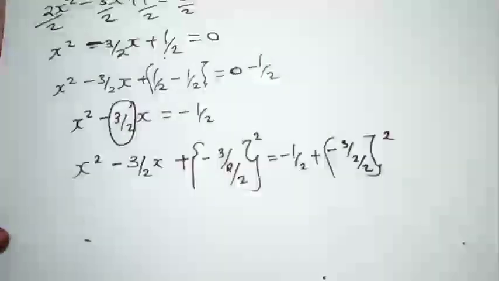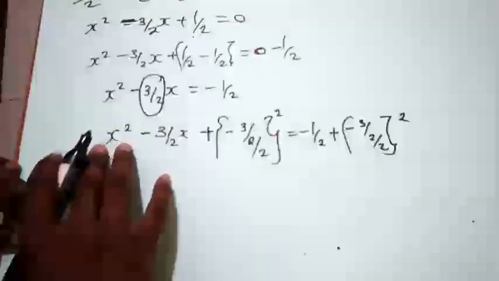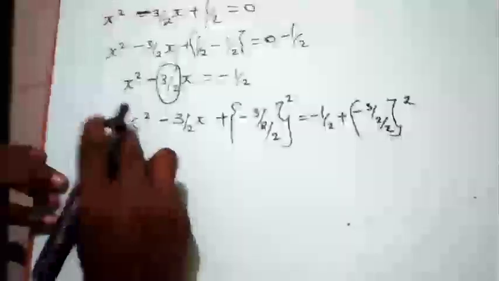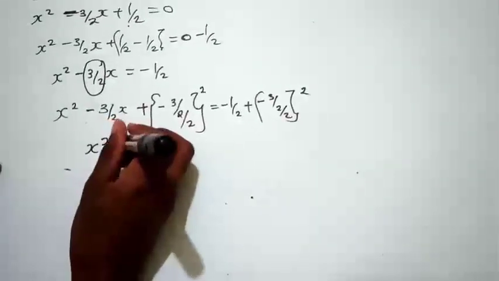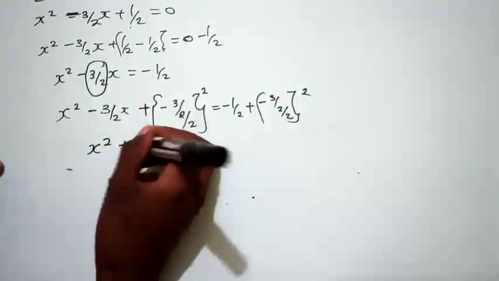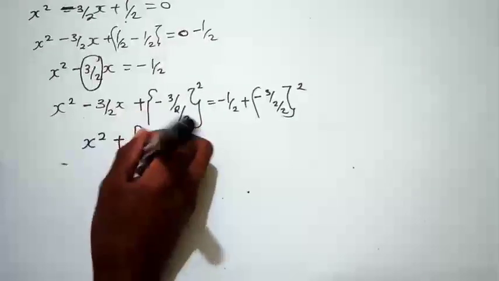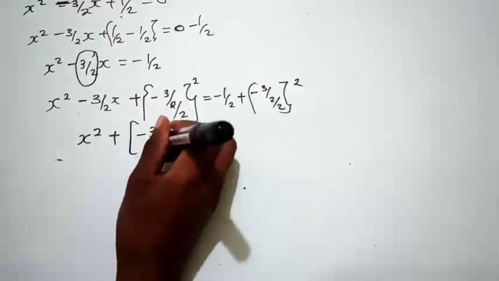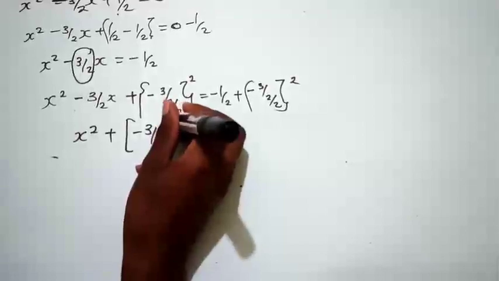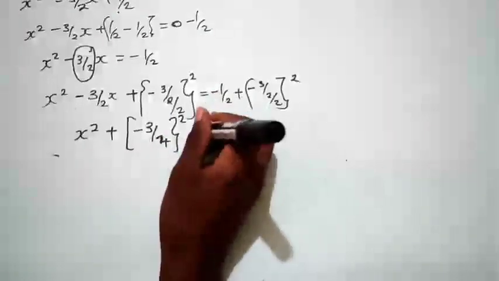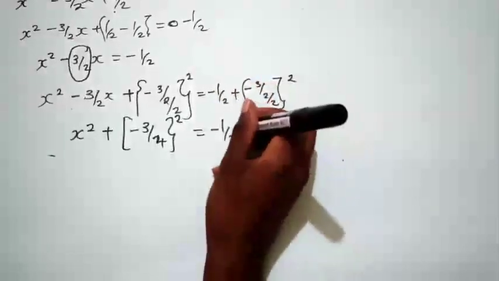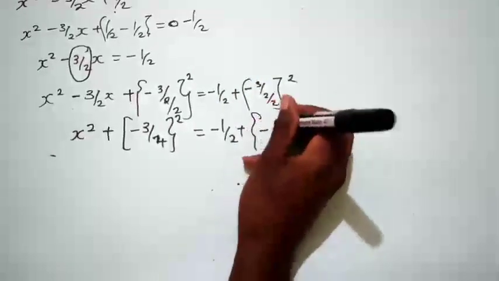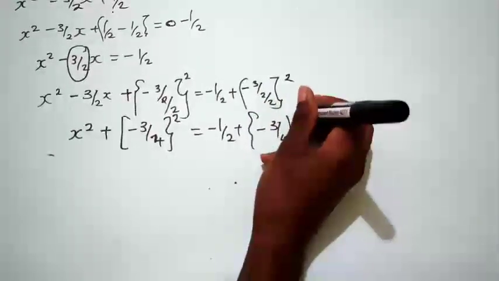When we come to that point, we are going to break down and do away with that. So we are going to remain with the squared on this side. We are going to have x squared, this is like negative 3 over 2 over 2, which is negative 3 over 4, squared. Then we have negative a half, then we are adding negative 3 over 4 squared.